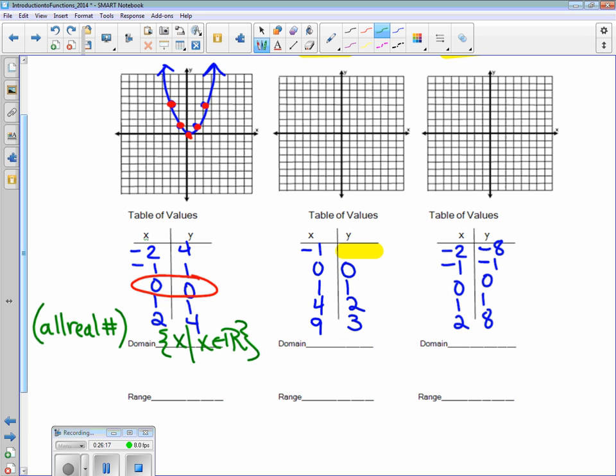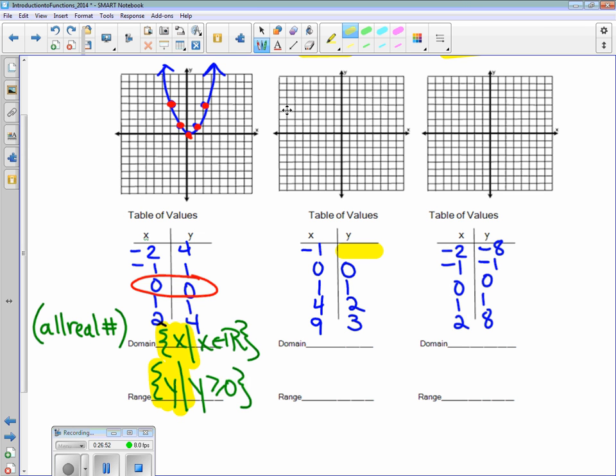Close. What's the lowest number that the y value can be? 0. It starts at 0 and goes what? So he's right. It's greater than or equal to 0. So that's what you're going to write. Y such that y is greater than or equal to 0. And this little part here in the beginning is called function notation. Don't let that bother you so much. Y is greater than or equal to 0.